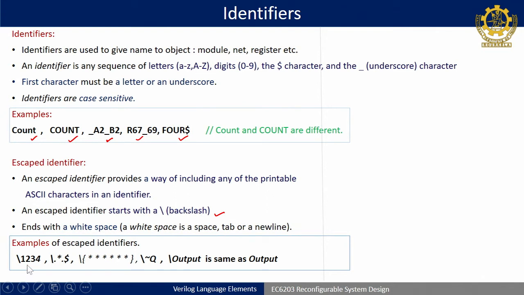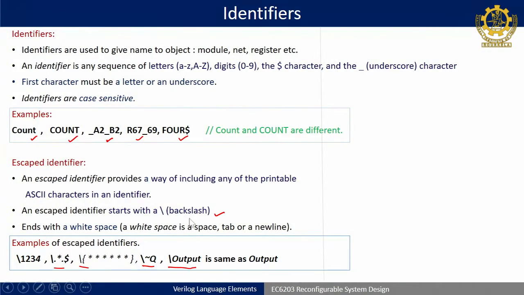Similarly, we have written others also like this; one starts with a curly bracket after the backslash, and another with the not symbol. When you write backslash output, it is the same as output. In an escaped identifier, whether you write backslash output or output, both are the same, because it is an identifier.